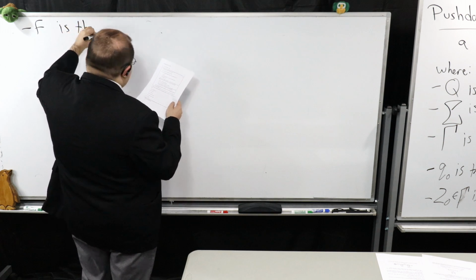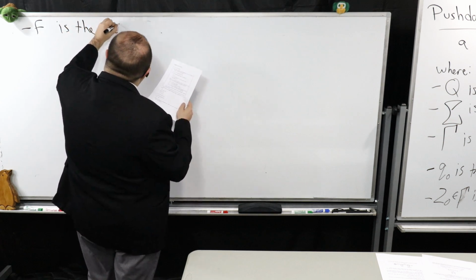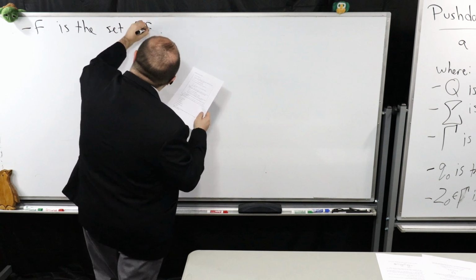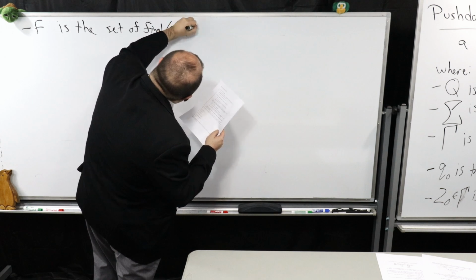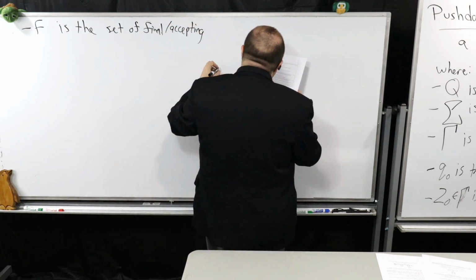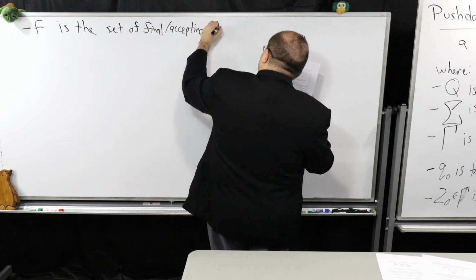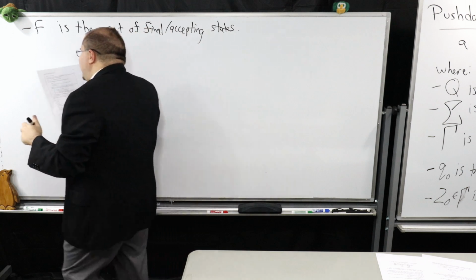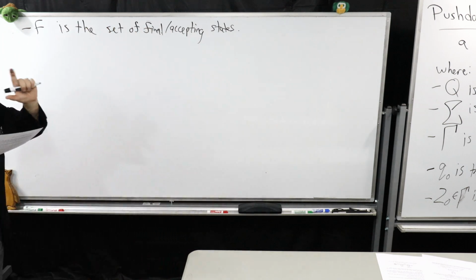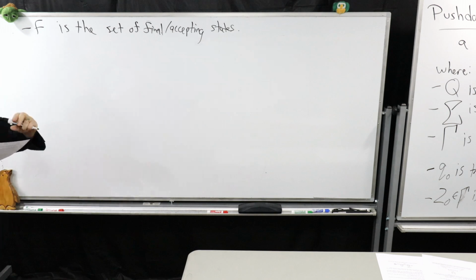F is the set of final or accepting states. So this is no different than we had it in the epsilon NFA. Accepting states. And now I'm just going to define the transition function, then I'll tell you a little bit more about it next time, okay?